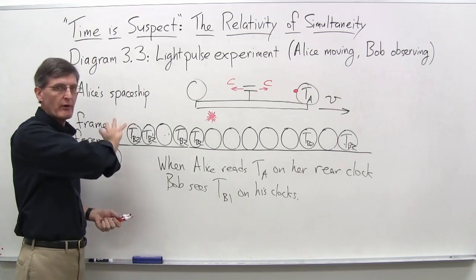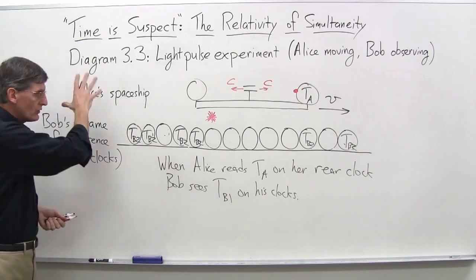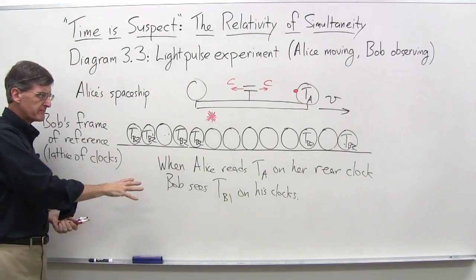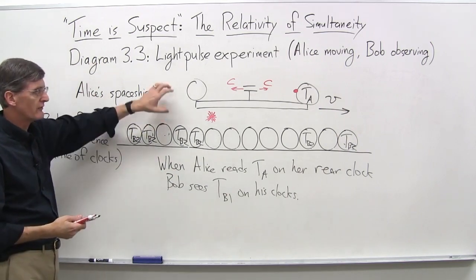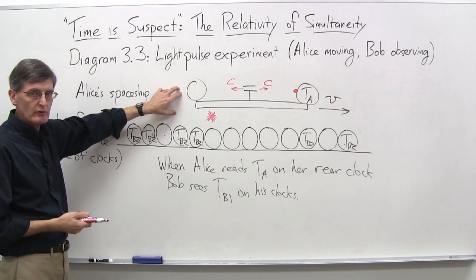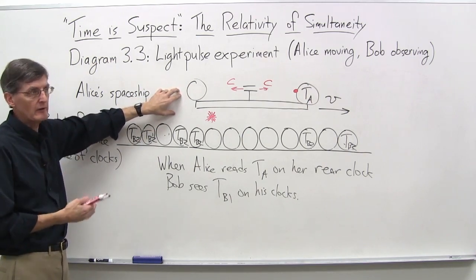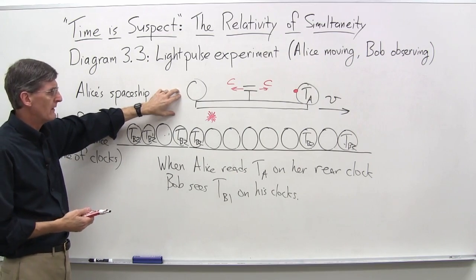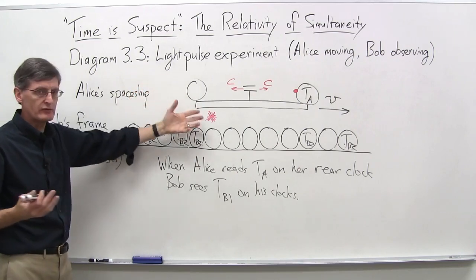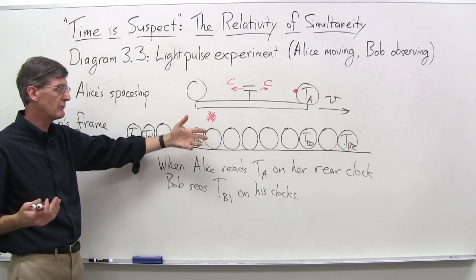So this is something to ponder, reflect upon, go over these diagrams again, see what's going on, convince yourself that Alice sees the two light pulses hit at exactly the same time. That was our first diagram, I guess two video clips ago. Because as far as she's concerned, she's stationary, she's not going anyplace.